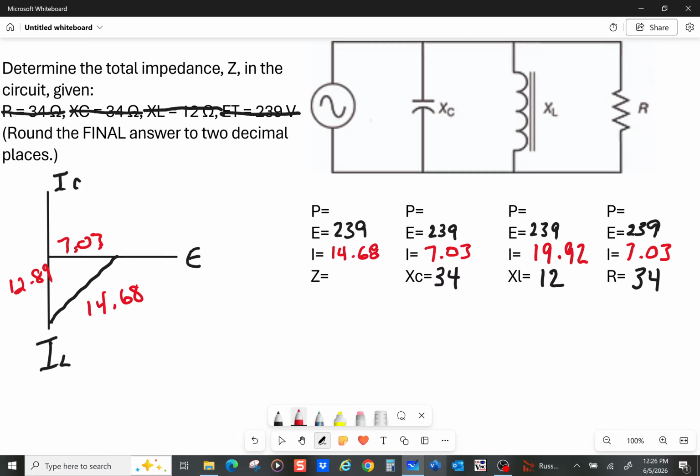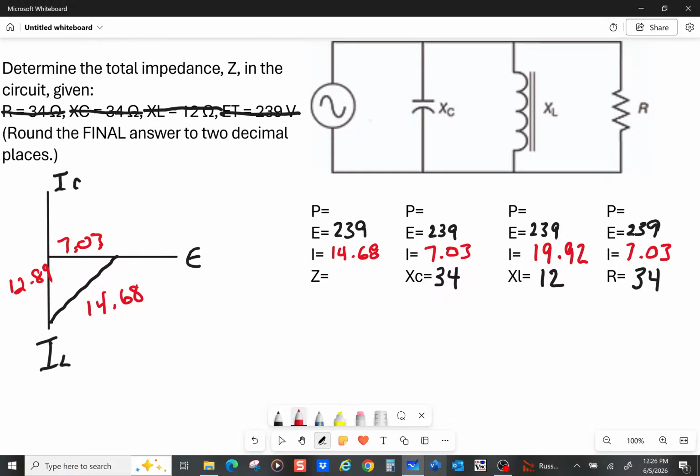Now, typically, my total ampacity is going to be the highest. If we just have an RL circuit or an RC circuit or just resistors, the total ampacity is going to be the highest value. In the case where we have an inductor and a capacitor in parallel with each other, you can see over here my inductive current is 19.92, but my total current is only 14.68.